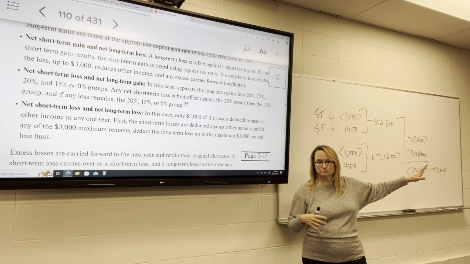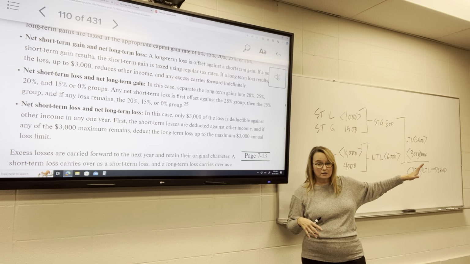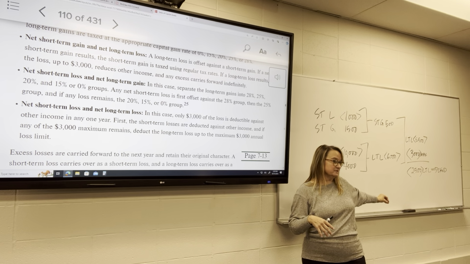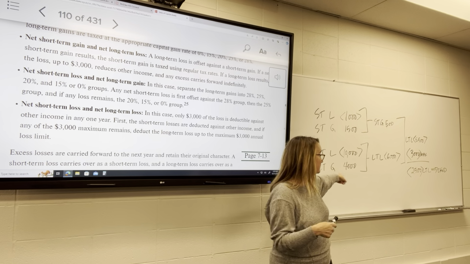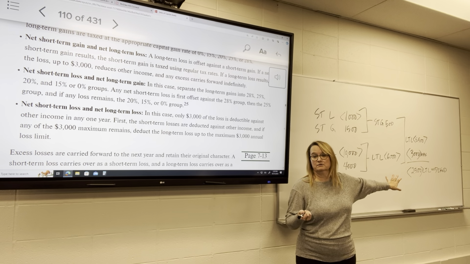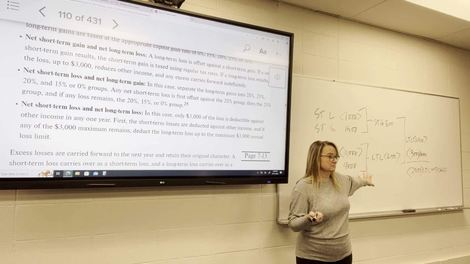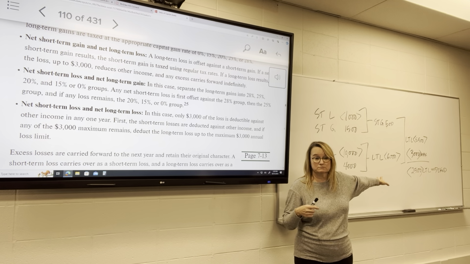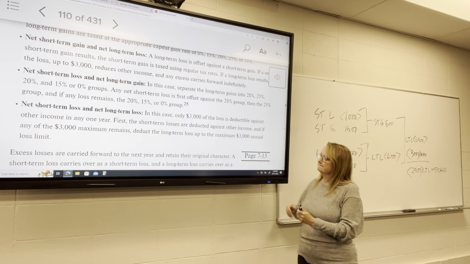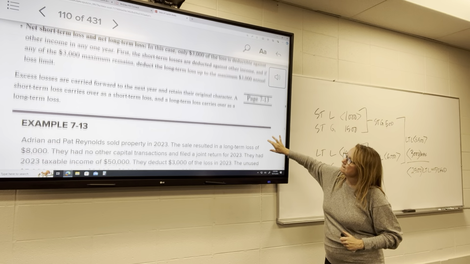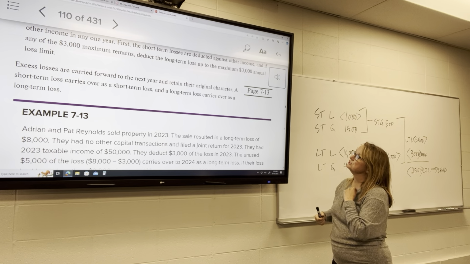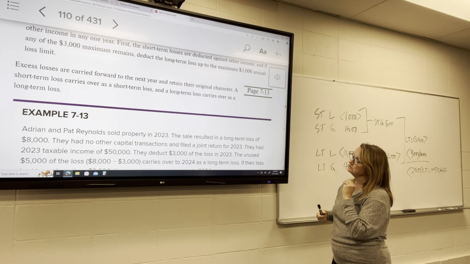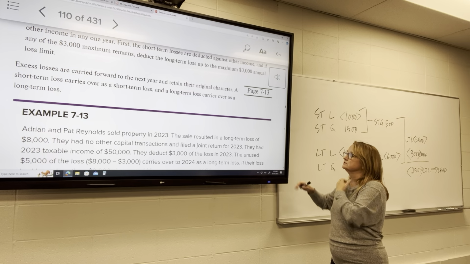If you didn't prepare it the year before, then you've got to enter all of this information in to make sure that carry forward happens, because otherwise they're going to pay more in taxes than they have to, right? Excess losses carried forward to the next year retain their original character. A short-term loss is a short-term loss, and a long-term loss carries over as a long-term loss.